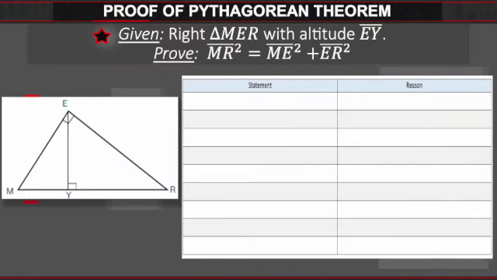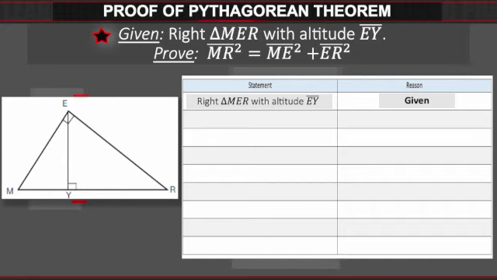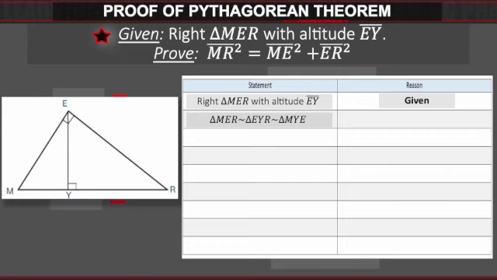So, let's try this one. First statement: right triangle MER with altitude line segment EY. What would be the reason? Of course, that is given. Yes, it's given, it's up there. Next, since MER is a right triangle with altitude EY, we can say that the bigger triangle MER is similar to triangle EYR, and also similar to triangle MYE.